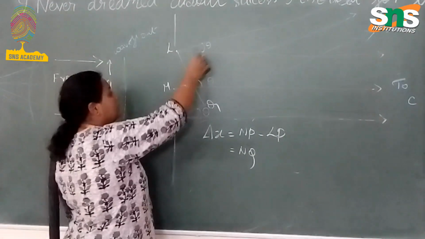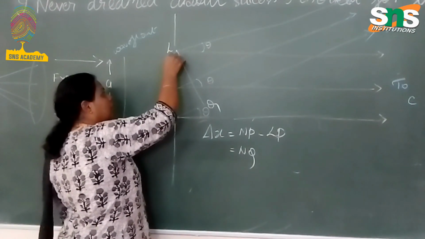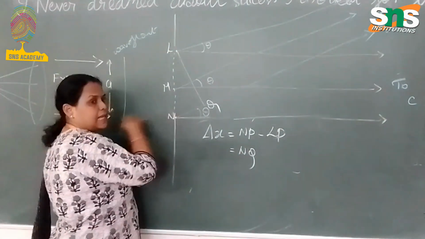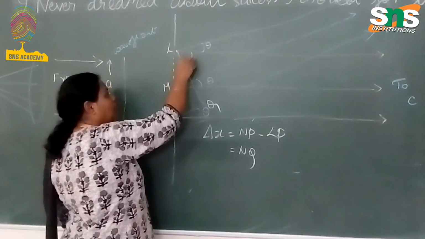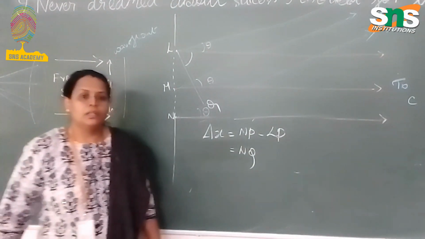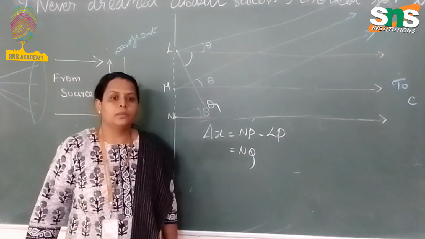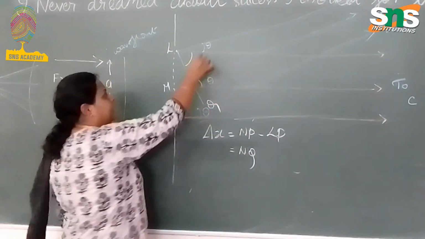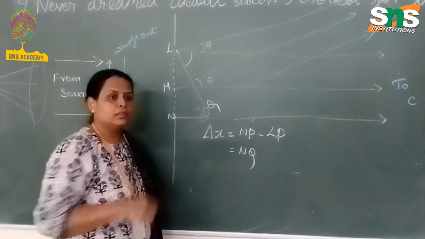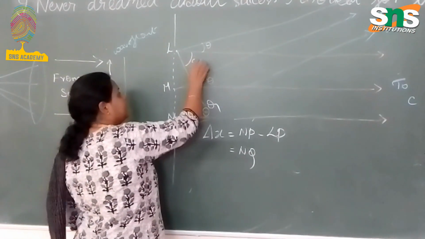If you see here, multiple sources I will be drawing like this. If it is theta, what will be this angle? Very good, 90 minus theta.